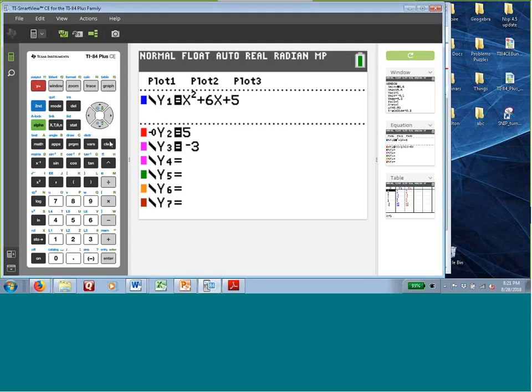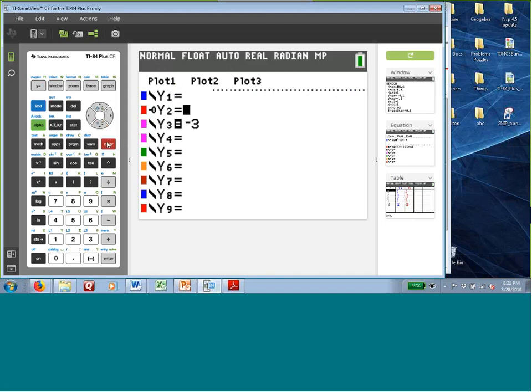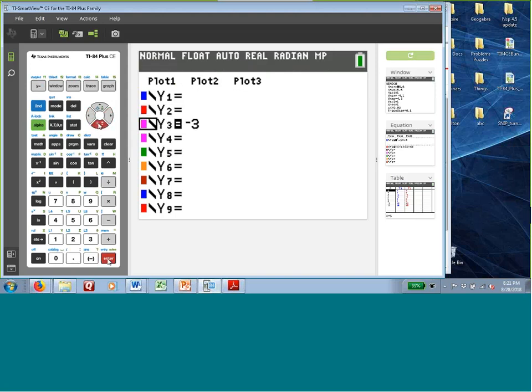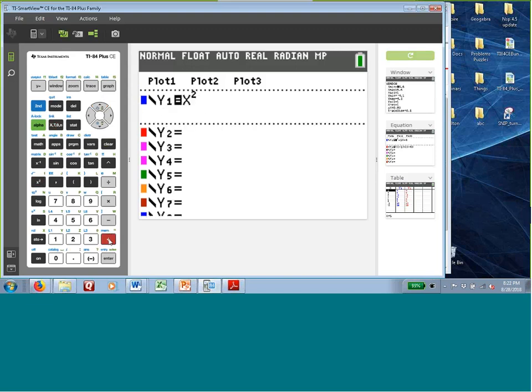So let's go back here and let me clear some things out. Trying to get this back to where it was before. Okay, and now I want to put into y1 x squared plus 2x minus 3.